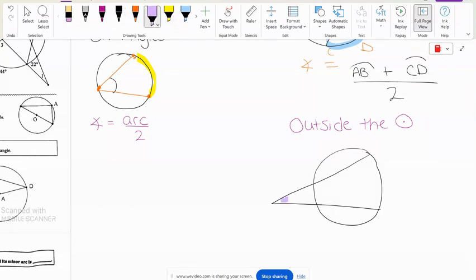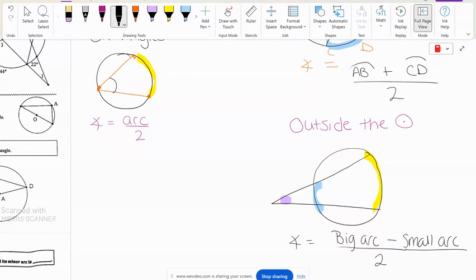So if we're trying to find this angle, the formula for this is going to be the big arc that's intercepted minus the small arc that's intercepted, divided by 2. And those were the different formulas that we were working with last time.